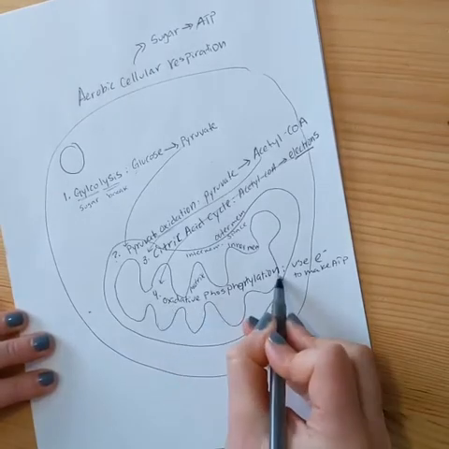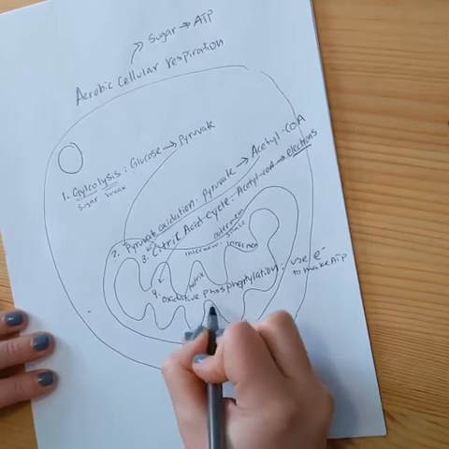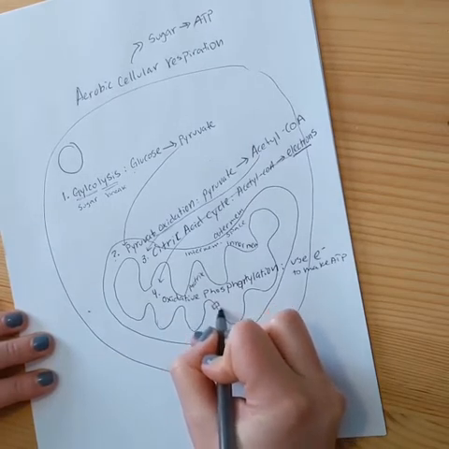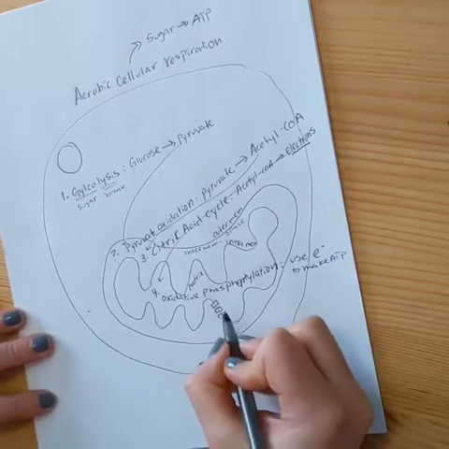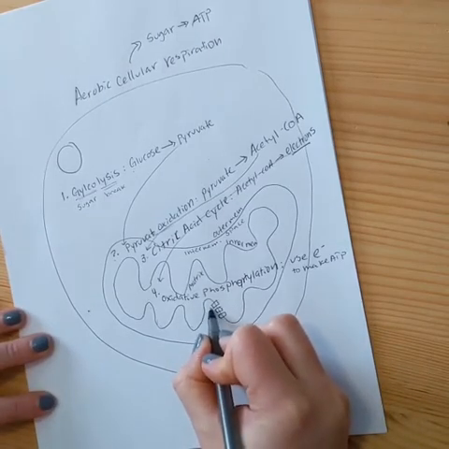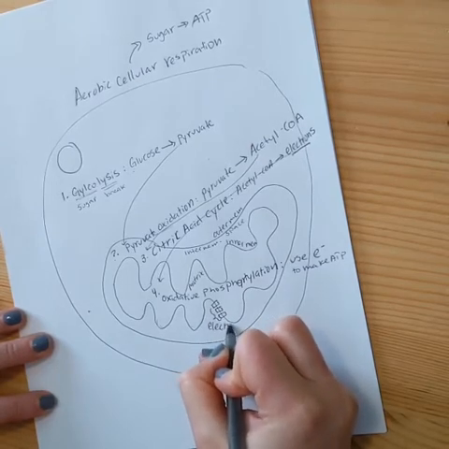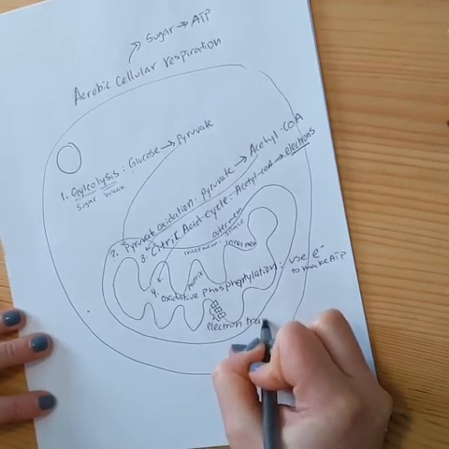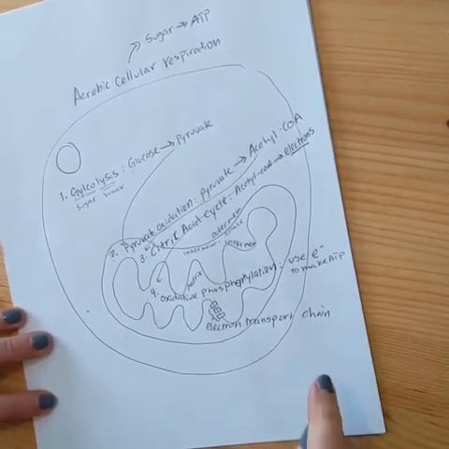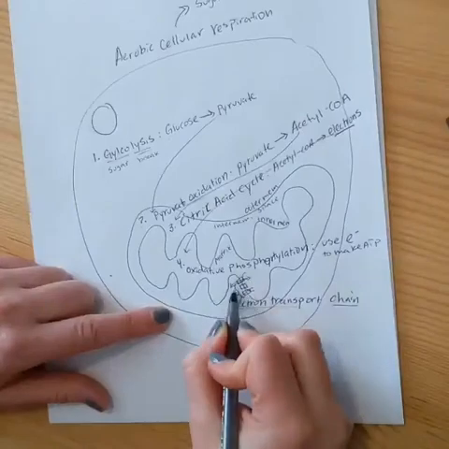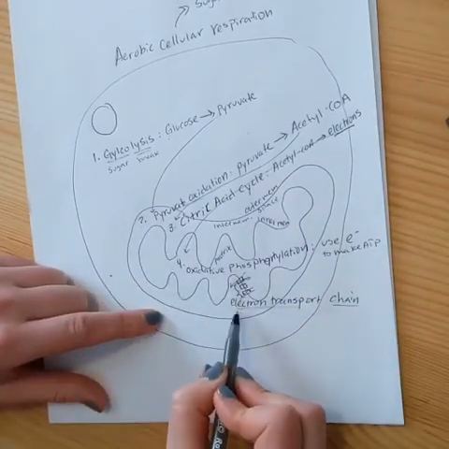This is the process. What happens is, in the inner membrane of your mitochondria, you've got a series of proteins. I'm going to draw them just as little rectangles. These proteins are called the electron transport chain. These molecules are going to take electrons that we made earlier in the process.